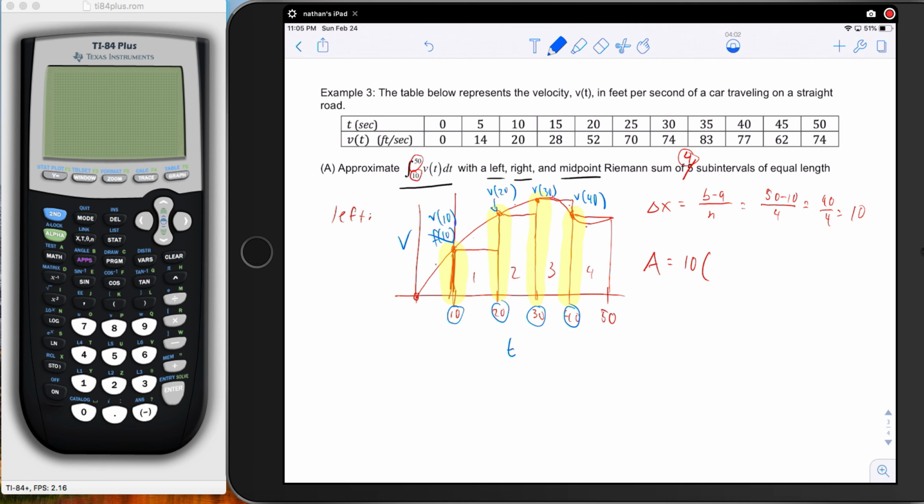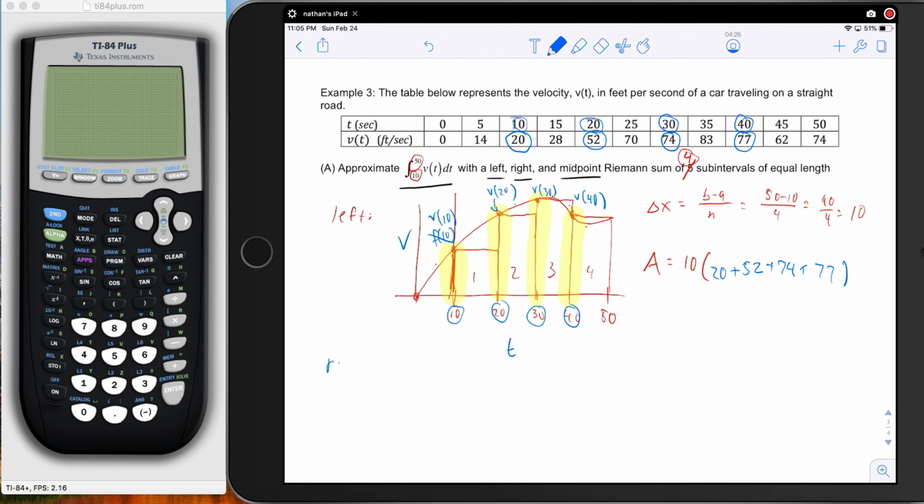So here's the time 10, and here's the v of 10. So 20 plus the v of 20, which is 52, the v of 30, which is 74, plus the v of 40, which is 77. And there you go, that's the area of the left Riemann sum.